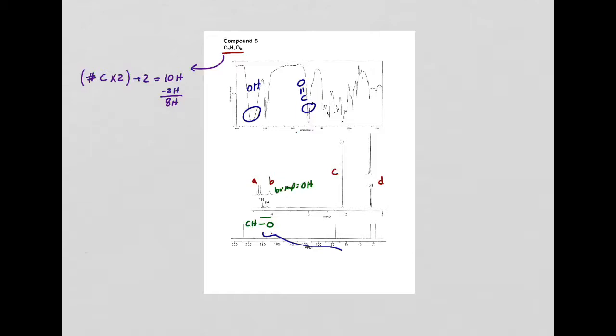I look at C. I'm like, okay, that's good. It's about 2 ppm. Again, what does it mean if something is about 2 ppm? You already know that. When you have it around 2 ppm, that means that is next to a carbonyl, right? So this is a CH3. So I have a CH3 attached to a carbonyl.